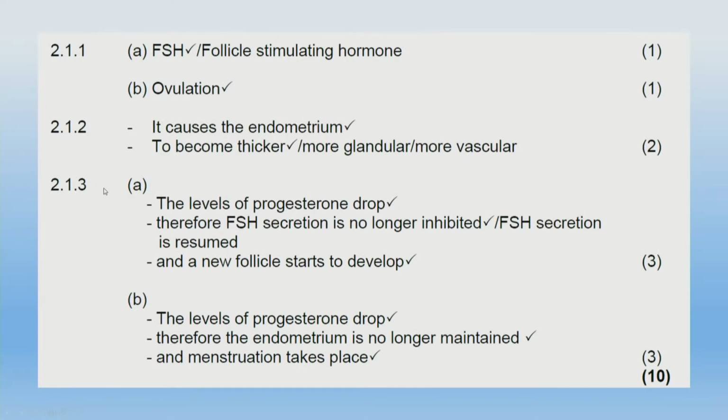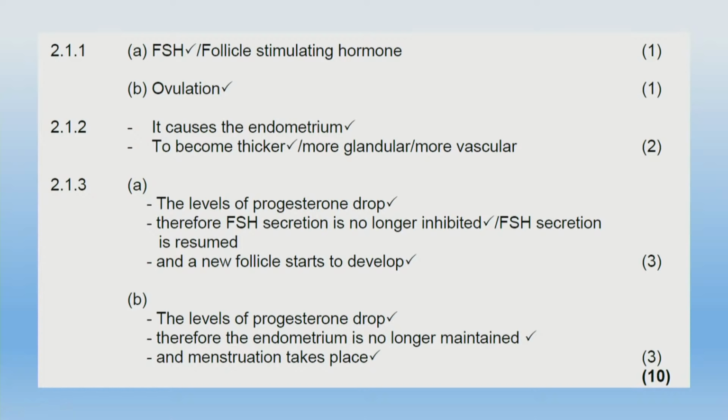Let me read the question again for you. Structure B, as I have said, is the corpus luteum. It degenerates if fertilization does not take place. Number A, explain the implications of this for the ovarian cycle. It simply means that if structure B, which is the corpus luteum, degenerates, the level of progesterone will drop.